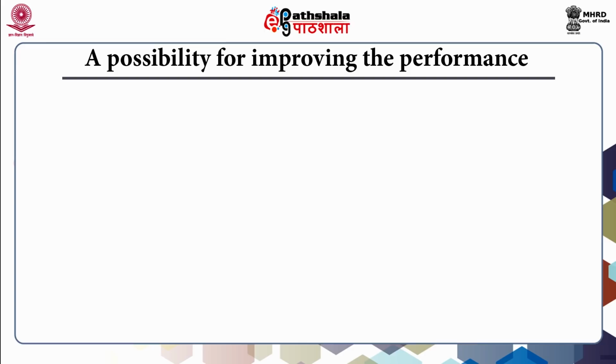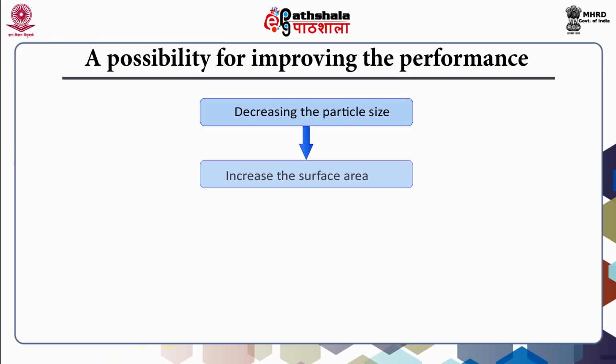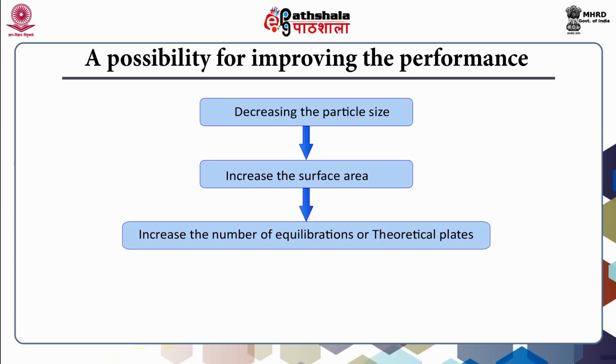One possibility for improving the performance of the chromatography is decreasing the particle size of the stationary phase. When we decrease the particle size of the stationary phase, that increases the surface area, that leads to an increase in the number of equilibrations or theoretical plates in a column.